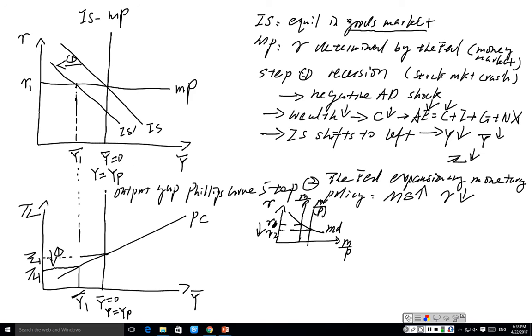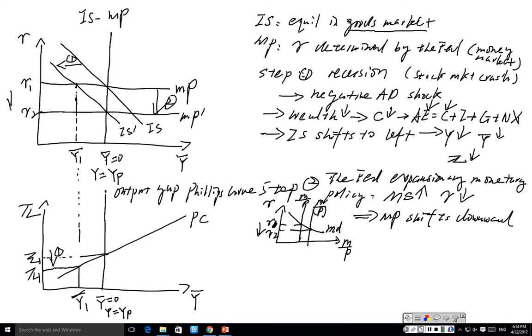And when the Federal Reserve cuts the interest rate, the MP curve will shift downward. It helps the economy move back to the equilibrium output. But at the same time, the real interest rate will go down.